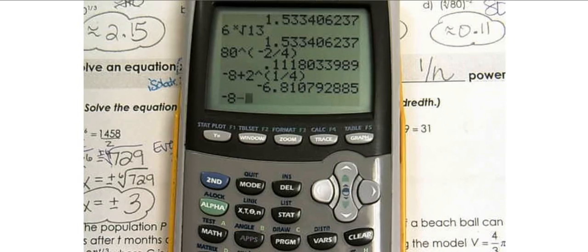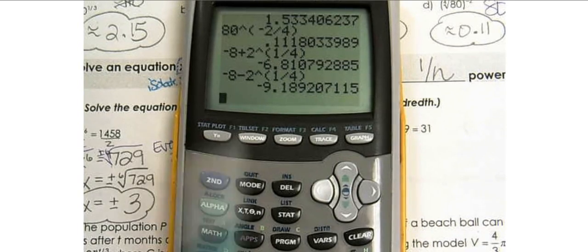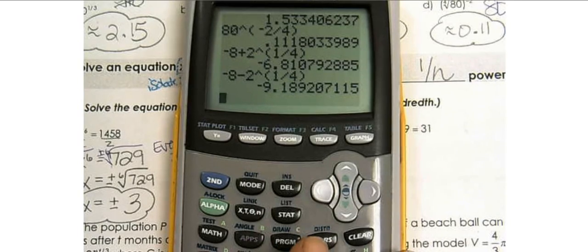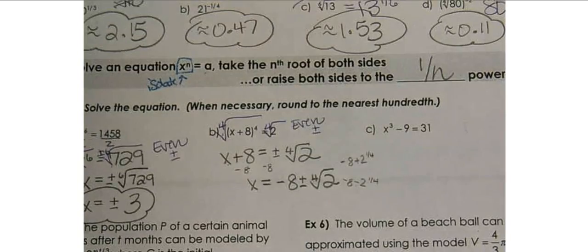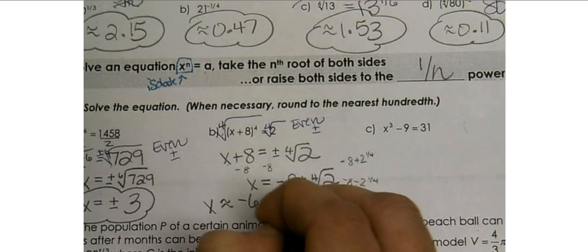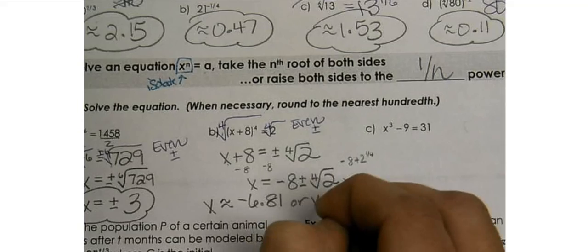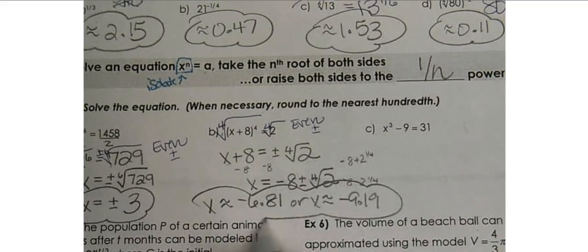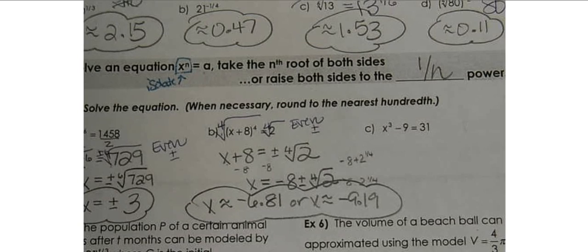Negative 8 minus 2 to the 1/4, and that gives us about negative 9.19, okay? So that's how I would type those in. So again, negative 6.81, negative 9.19. So if it doesn't work out evenly, that's when you use the calculator.